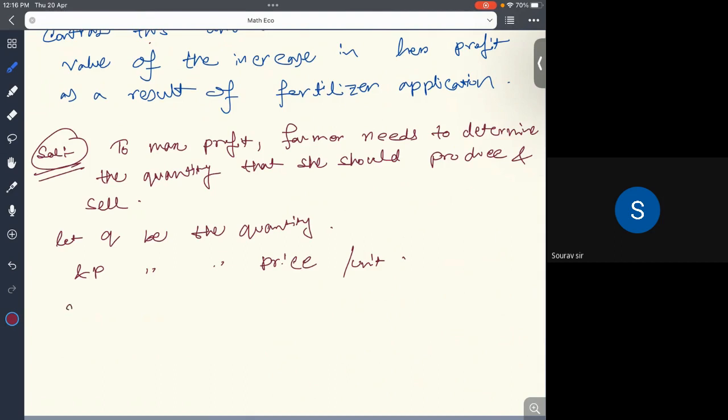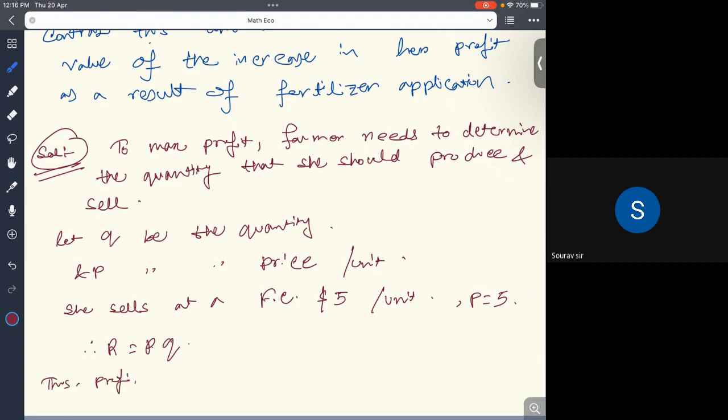She sells at a fixed price of $5 per unit, that is P is equal to 5. Then revenue is equal to P into Q. Thus, her profit will be given by pi is equal to R minus TC, that is nothing but PQ minus CQ.